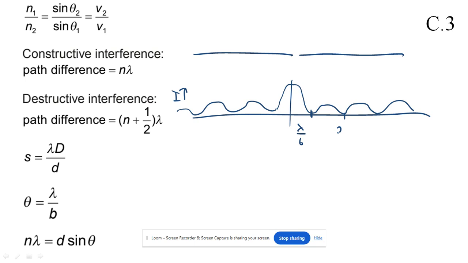This is 2 lambda over b. If it was to here, it would be 1.5 lambda over b. That's the angle separation. Really, that's sine of the angle, but they're just saying it's the angle, in radians. So just don't forget that a single slit diffraction pattern has a central bright spot.